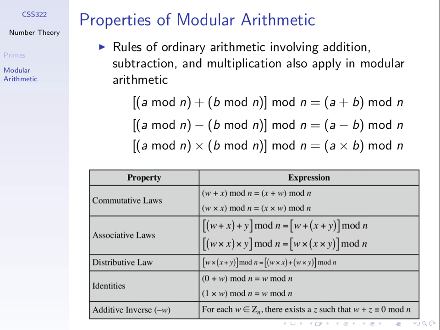So 11 to the power of 7, we can do it different ways, we can also write as 11 squared times 11 squared times 11 squared times 11, all mod 13 in our case. That is the same as 11 squared to the power of 3, we've got 3 of them, times 11.